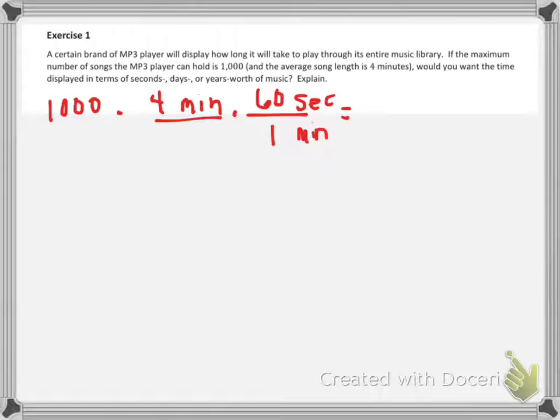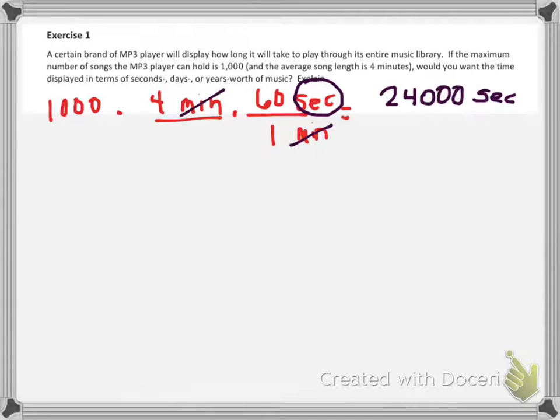I want you to see what happens when we multiply. The minutes will cancel each other out, and I'm going to be left with seconds. So 1,000 times 4 is 4,000, and 4,000 times 6 is 24,000. So I'm going to have 24,000 seconds. So that's our first one.